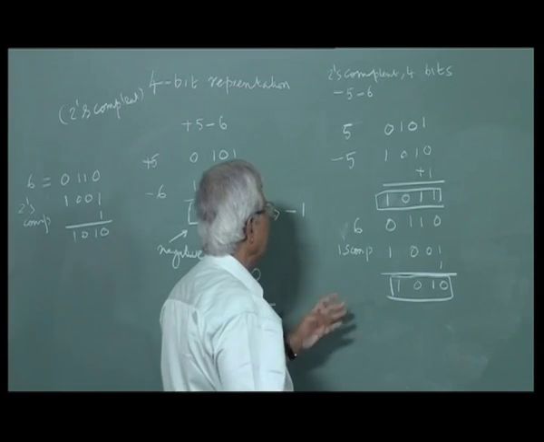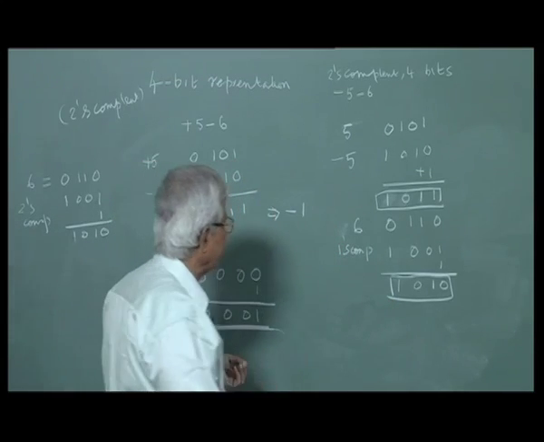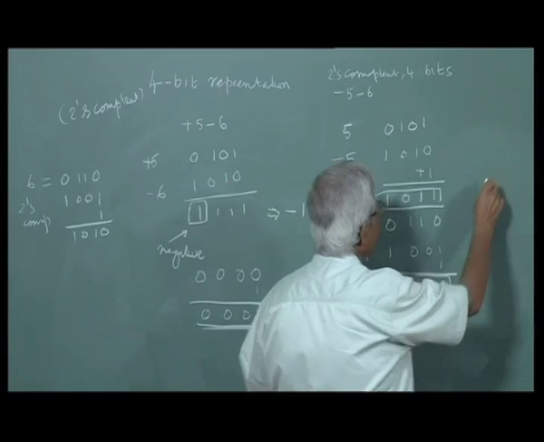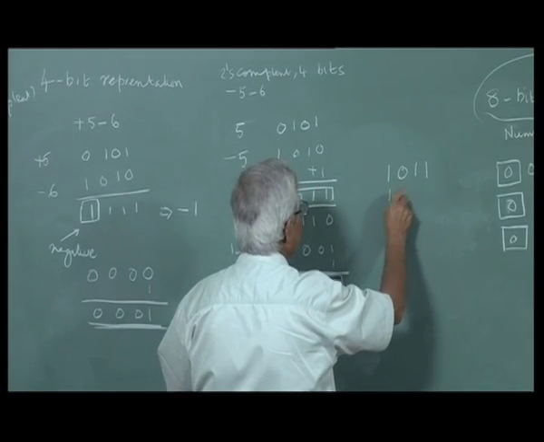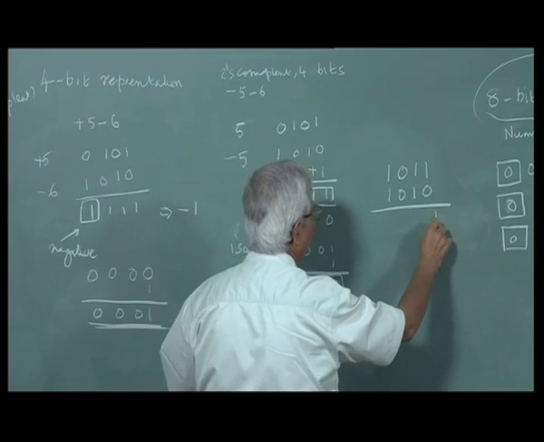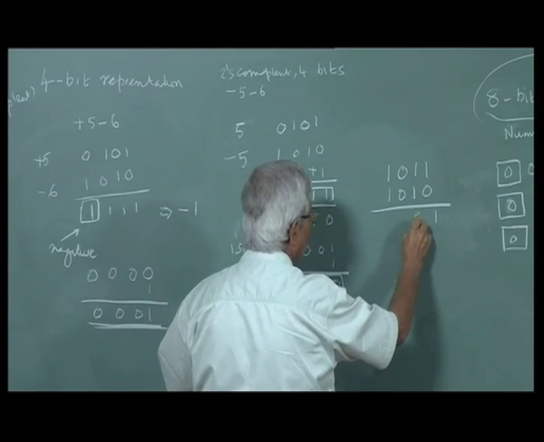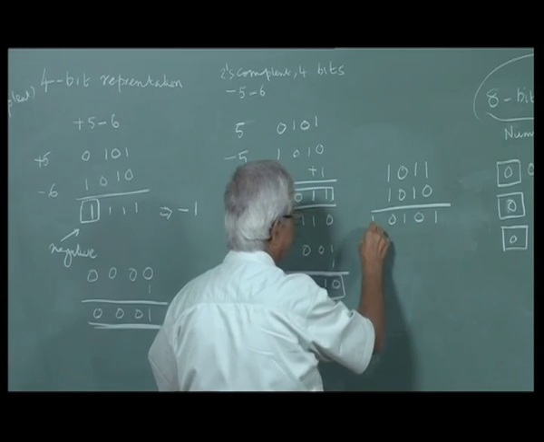I want to add them, minus or plus or minus is same in arithmetic here. So it is going to be 1, 0, 1, 1 plus 1, 0, 1, 0. Add: 1, 0, 1, 0, 1.